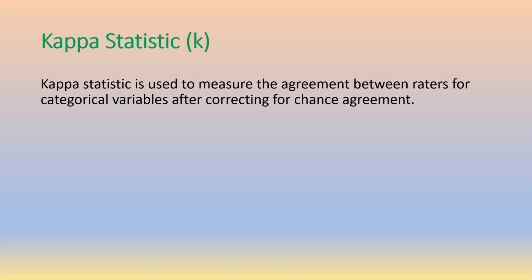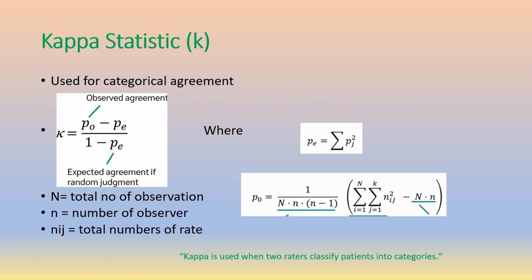Kappa statistics. Kappa statistics is used to measure the agreement between raters for categorical variables after correcting for chance agreement. The formula for Kappa statistics for categorical agreement is K equals Po minus Pe divided by 1 minus Pe.